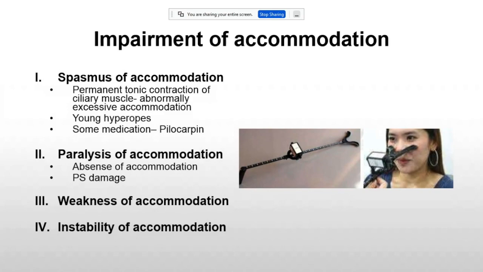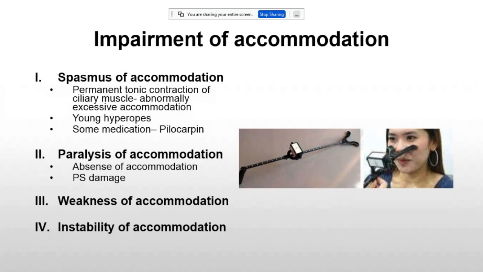So it's not normal for a 25-year-old to become myopic. So what you do is cycloplegia, because if you do only the subjective method, he will be corrected with a minus lens, but it's pseudomyopia because of the spasm. The patient suffers from headache.